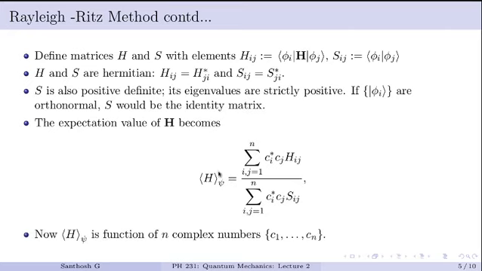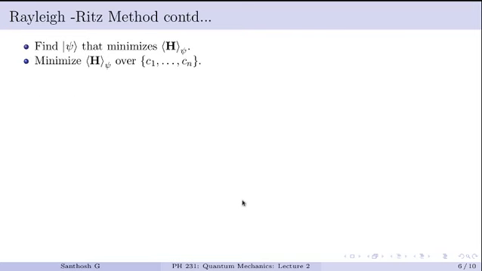Our aim is to find the minimum of this expectation value over all possible states psi in the subspace B. For this, we have to find the minimum of this function over all possible values of the set of complex numbers C1 to Cn.